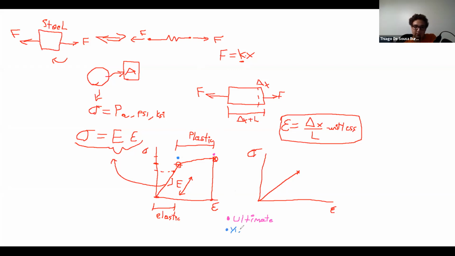So in a composite, yield and ultimate usually don't exist because it simply breaks. But for a metal, it's pretty important for us to have that discerning. So like a good example is the frame. If you go onto this plastic region, since the material is no longer considered a spring, it's not just storing energy and releasing it back, it's actually dissipating energy.